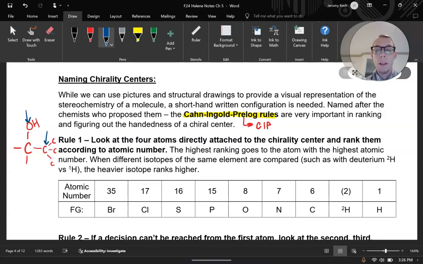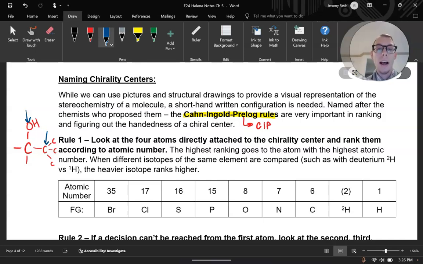So for example, carbon has a value of 6, nitrogen has a value of 7, oxygen has a value of 8. So in our small example where we had our alcohol and our tert-butyl, the oxygen has a value of 8, where the carbon has a value of 6, so the oxygen wins. Even though tert-butyl is physically bigger, we're not ranking just based on size, we're ranking based on this specific ranking by our CIP rules.